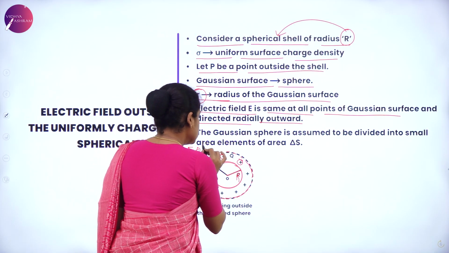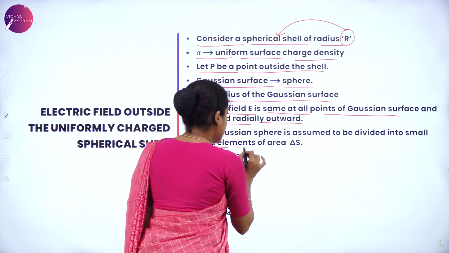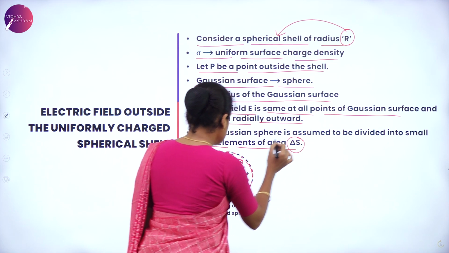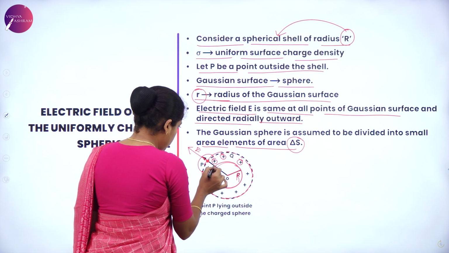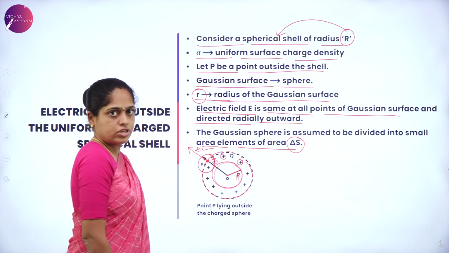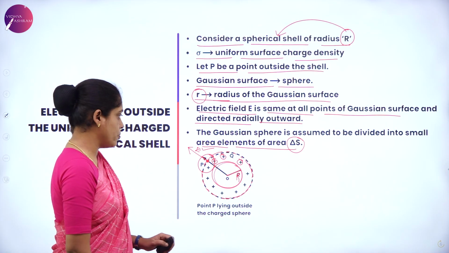Now, let us consider a small area element delta S around point P to find the electric field outside the spherical shell.